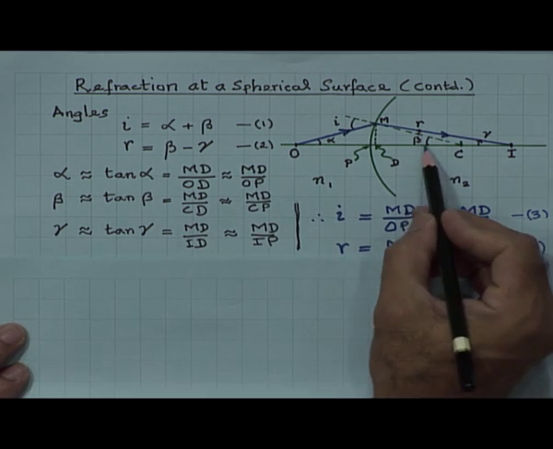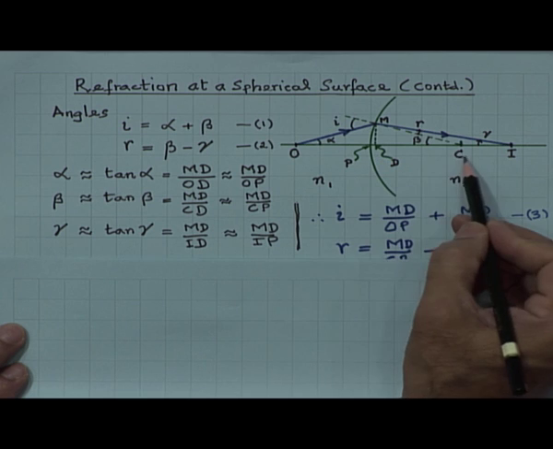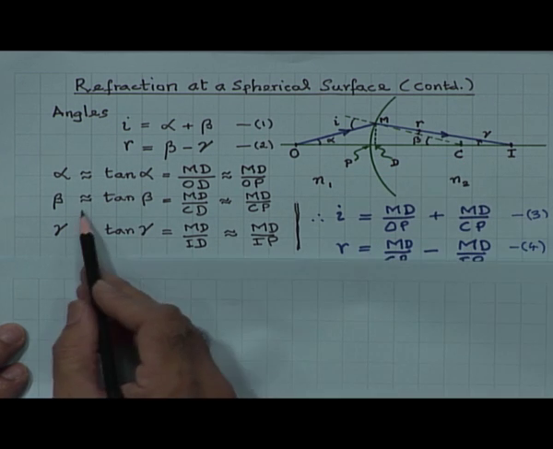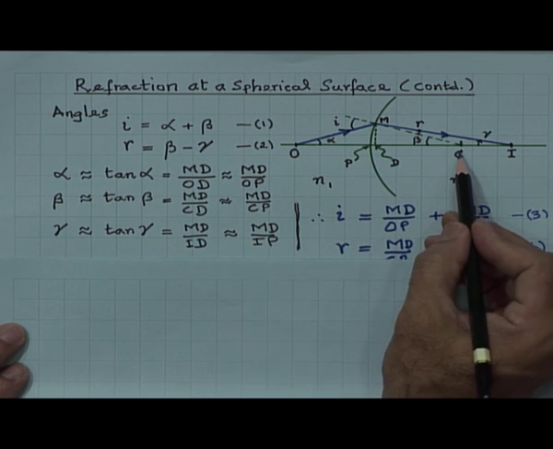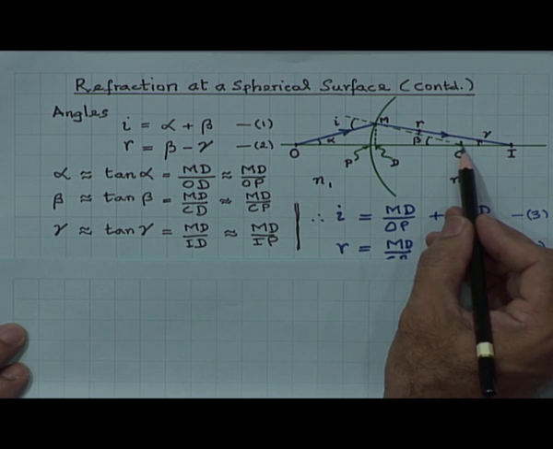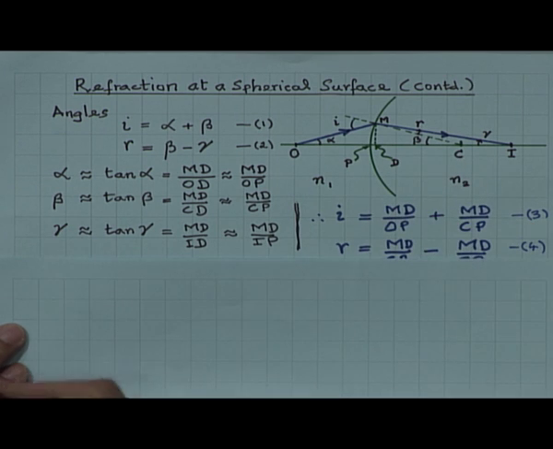Exactly like that, for this angle, if you look at the triangle MDC, tan beta, nearly equal to beta, is equal to MD divided by CD, and as before, we are approximating CD by CP, because CP is exactly the radius of curvature. That is why we are making this approximation.